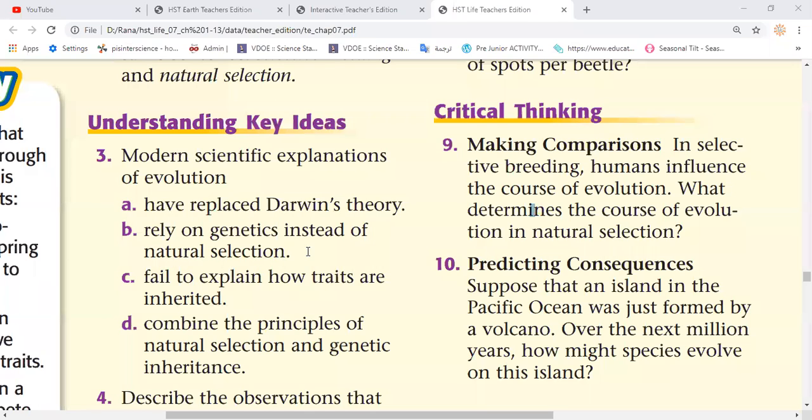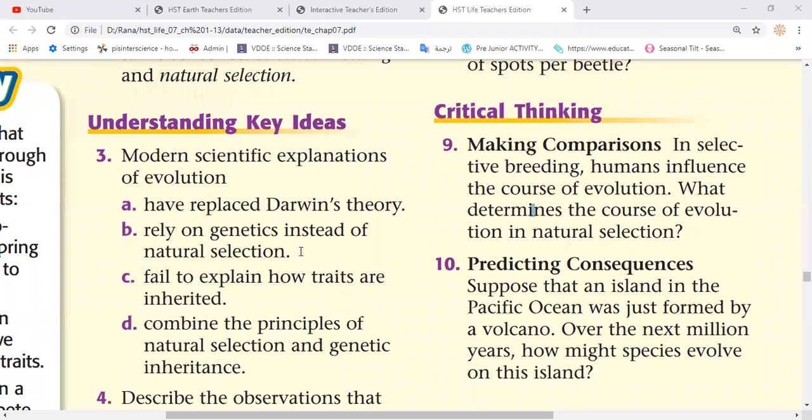So somehow the idea of natural selection and genetic inheritance are related. That means regarding the difference in the DNA among the individuals of a species, they have different traits. Some of these traits make some individuals able to adapt more than others, so they are fittest with the environmental conditions, so they could survive while others cannot.